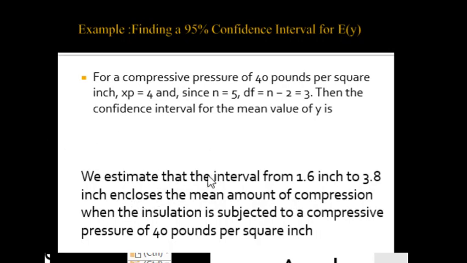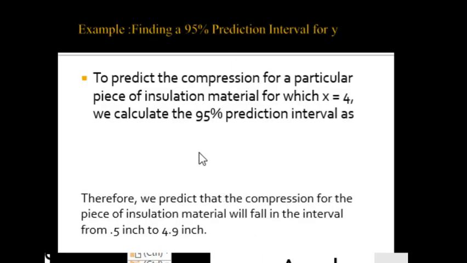Our estimated confidence interval is 1.6 to 3.8, which basically encloses the mean amount of compression when insulation is subjected to a pressure of 40 pounds per square inch. The other interval is the prediction interval, which basically means that we predict that the compression for a piece of insulation material will fall between 0.5 and 4.9 inches.